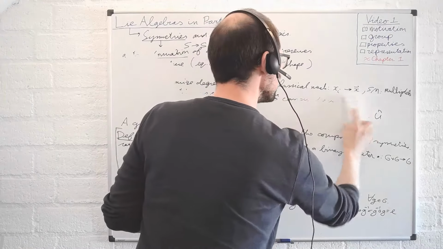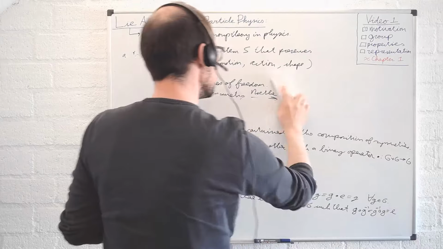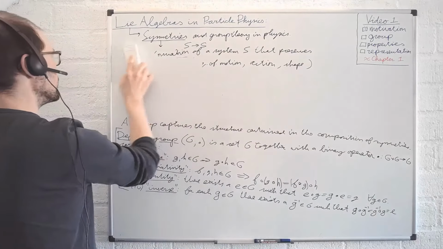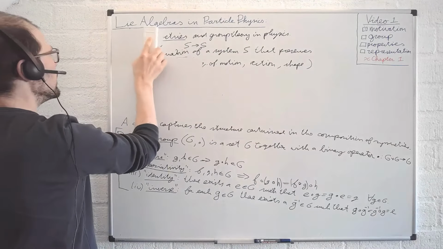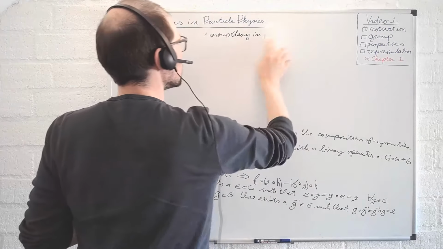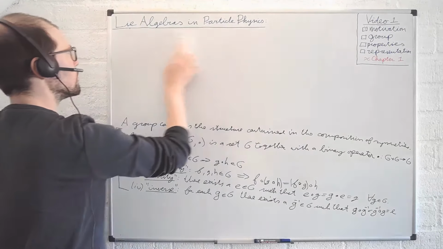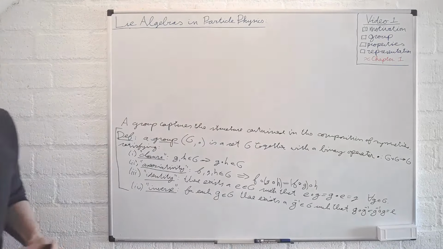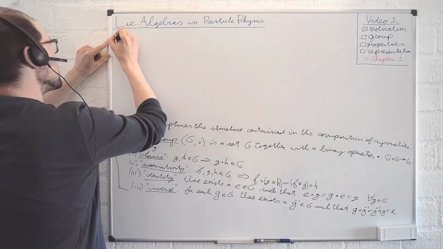And then after we've seen a couple of examples, we can go through several properties that a group may or may not have. Okay, so some examples.